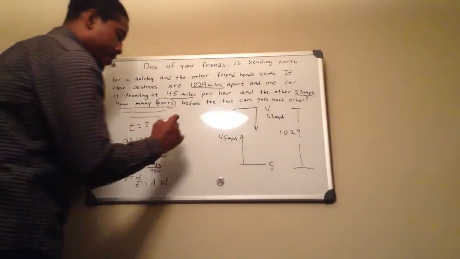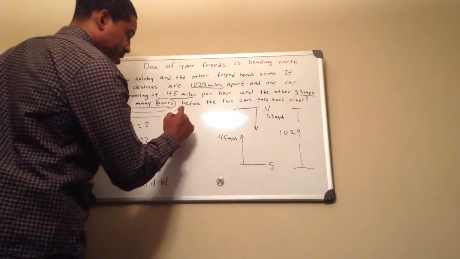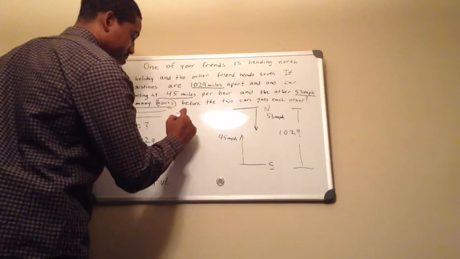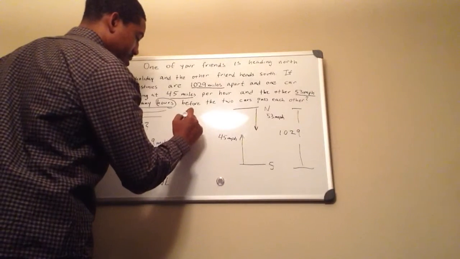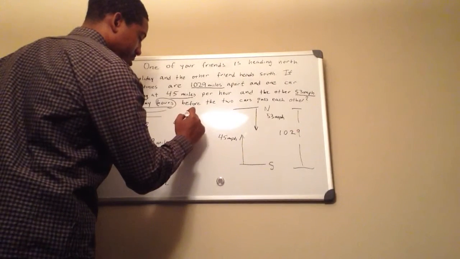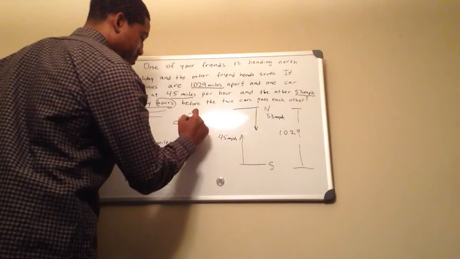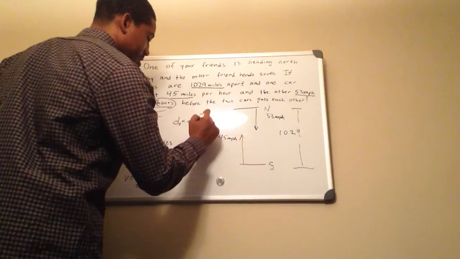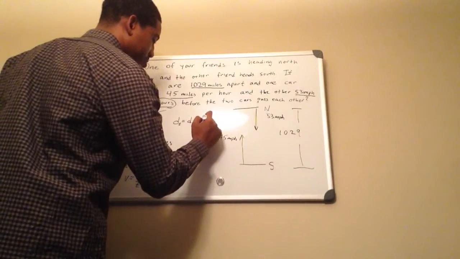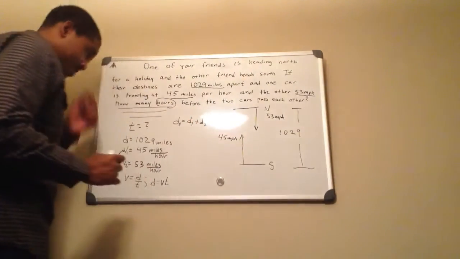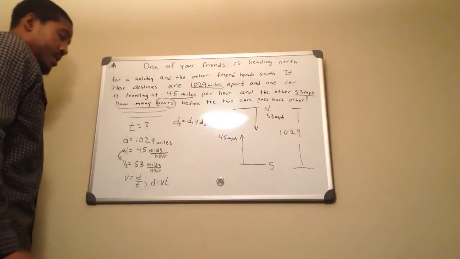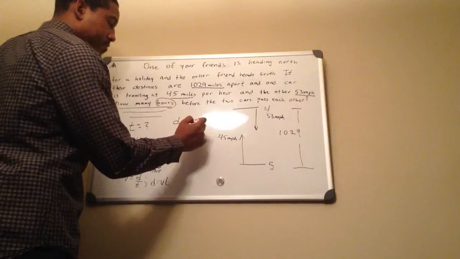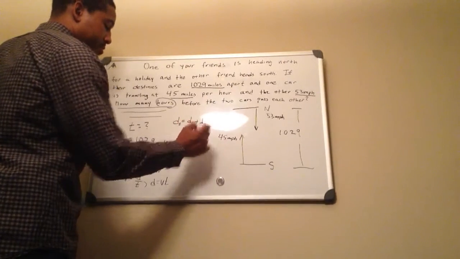So I would set up my equation to say the total distance traveled is equal to the distance of friend 1 traveling plus the distance of friend 2 traveling. Now you may be asking, where did I get the distance of friend 1 and the distance of friend 2.